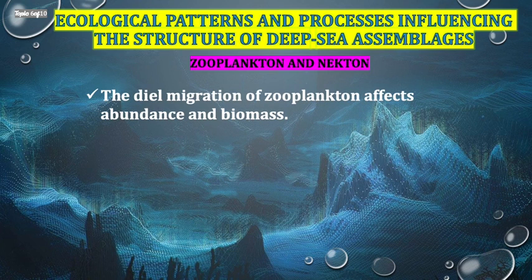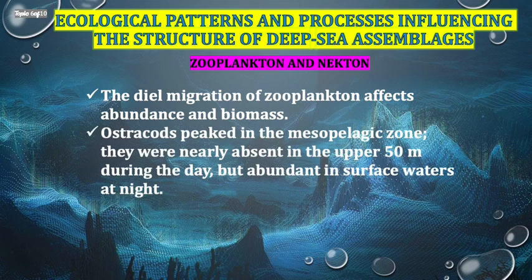Zooplankton and nekton in the deep sea. So the vertical migration of zooplankton results in peaks in the abundance and biomass of many taxa in the mesopelagic zone during the night.